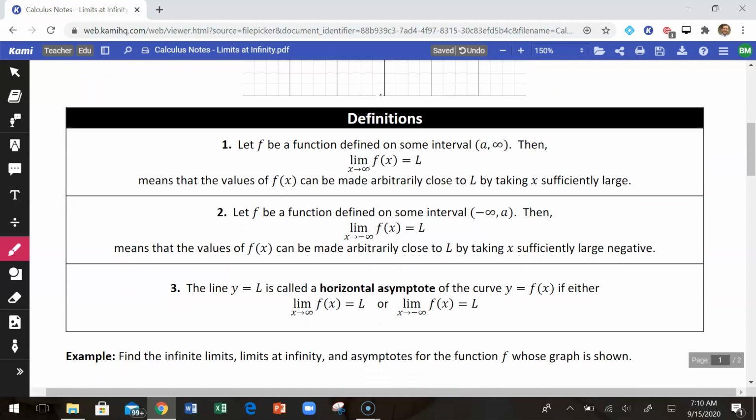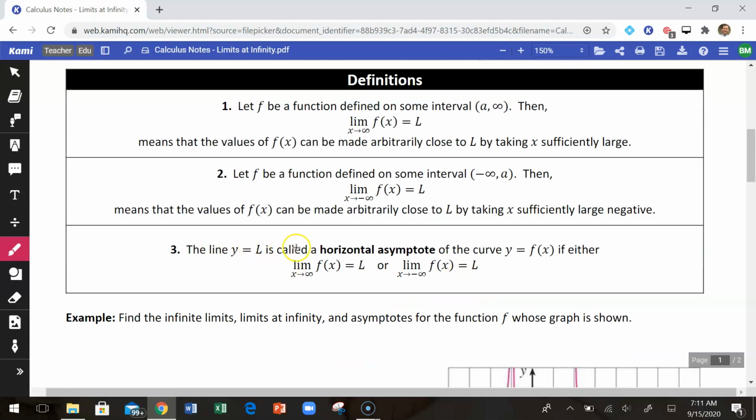So here are some definitions and what that's saying. Basically, we have a function f. The limit as x approaches positive infinity means that our y values get close to that L as long as our x's are sufficiently large, getting bigger and bigger and bigger. Same thing on 2 here. If we approach negative infinity, that just means getting smaller as we go towards the left forever.